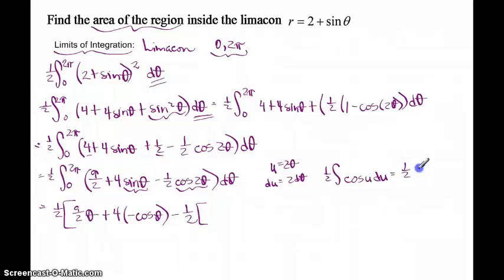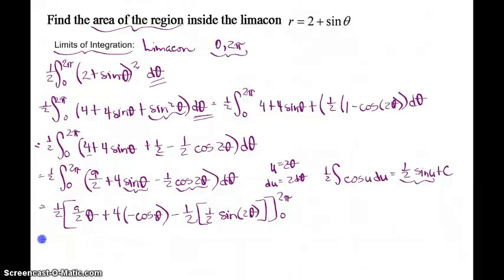So this is 1/2 positive sine of u plus c. So I'm going to pick up the meat here of the antiderivative and pop it in here. We said u was 2 theta, and it's a definite integral from 0 to 2 pi.